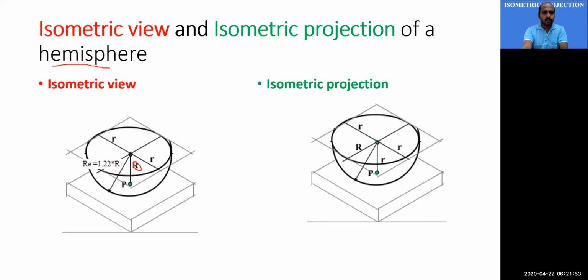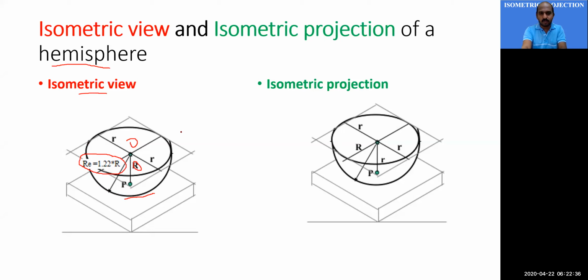Suppose the center is O. Then with O as center and 1.22 into R, you enlarge the original radius by 1.22, and draw the isometric view of the circumference of the hemisphere. So here note down R E is equal to 1.22 into R A. This is about the isometric view.